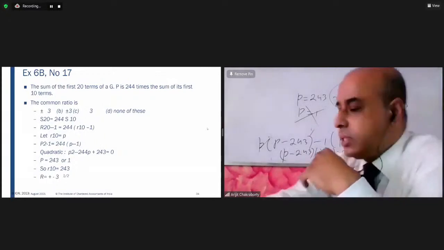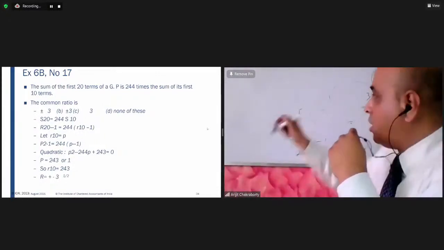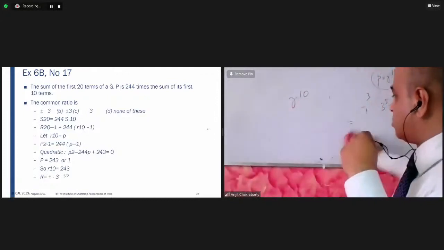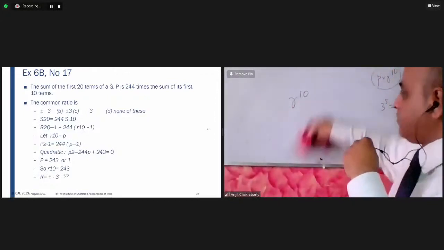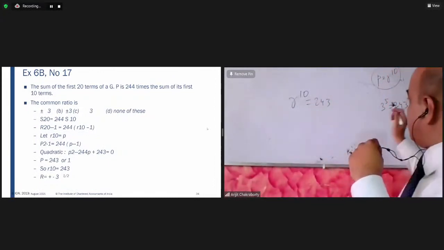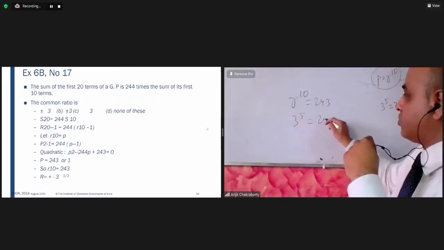So we can equate this in the following manner. R to the power 10 is equal to 243, that is what we got. But we can see 3 to the power 5 is also equal to 243.